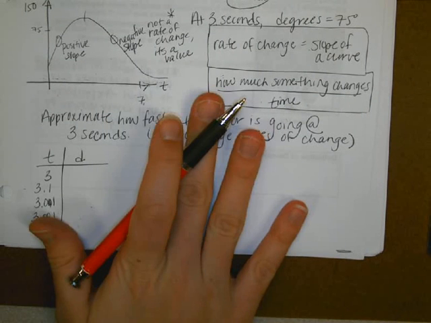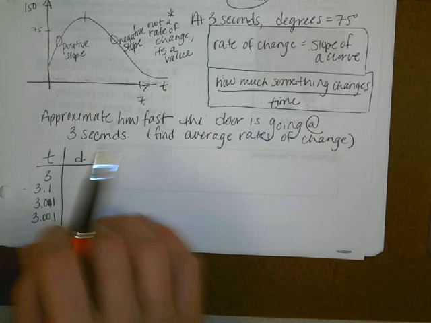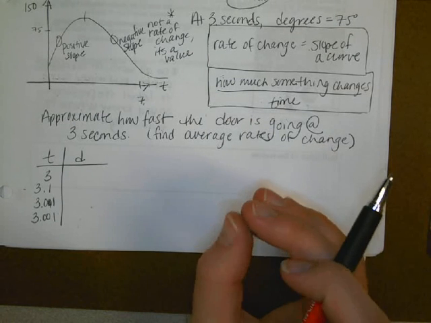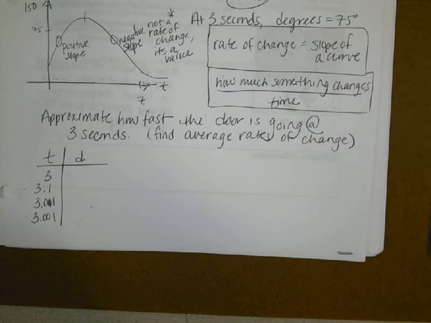Derivatives is finding the rate of change at an instant. But at this point, we have to get really close to that instant. We can't actually find it at that instant, because you always have to subtract y values and divide it by subtracted x values.